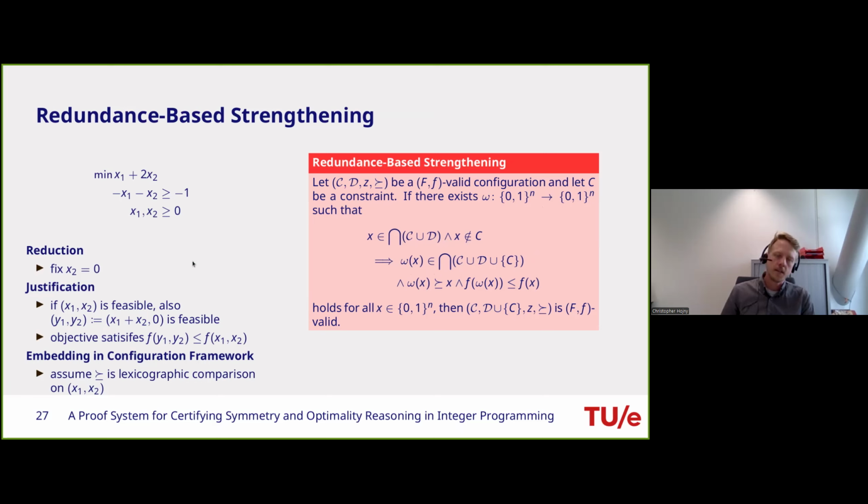constraint. In the example on the left-hand side, this means I satisfy all the constraints that I had before, but additionally, I also satisfy the constraint that I fixed the second variable to 0. And I need to do this in such a way that this witness does not get worse with respect to the pre-order, and it also does not get worse with respect to the objective function.